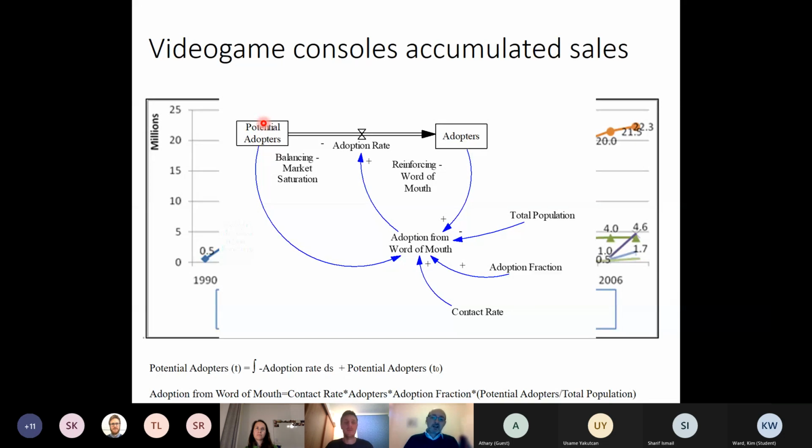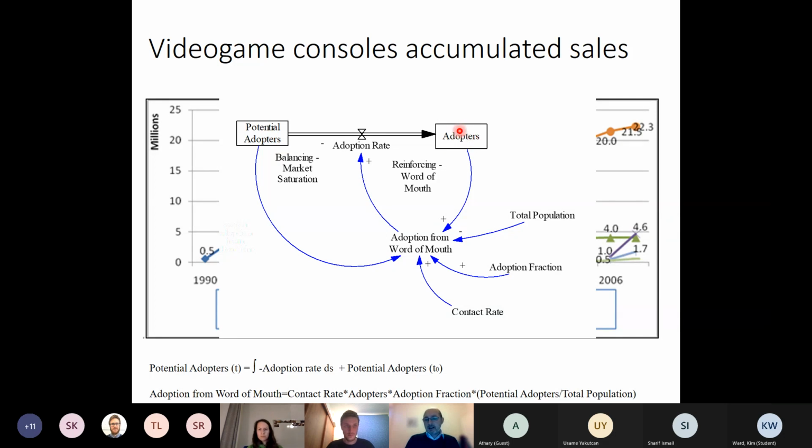So this structure tends to be very handy for representing many processes that you see in social systems, which is a transfer from a state where it's not with something to a state where it is with something.